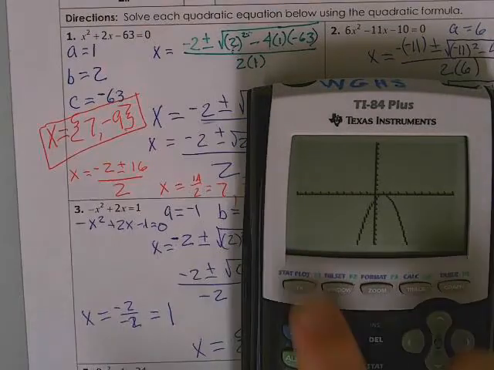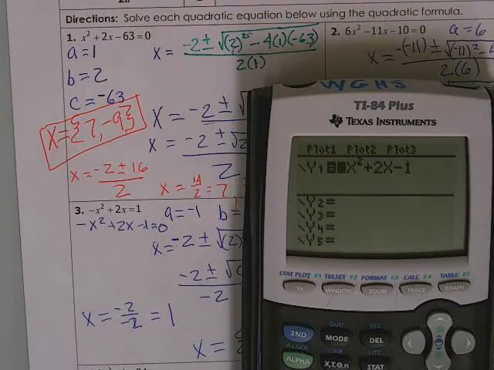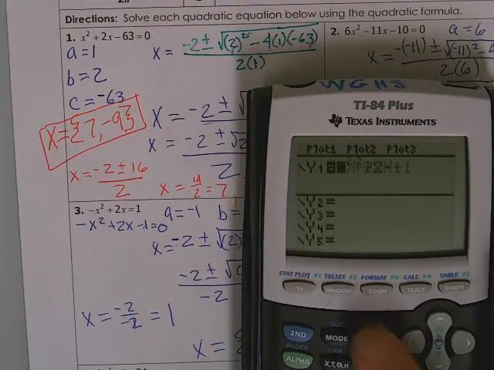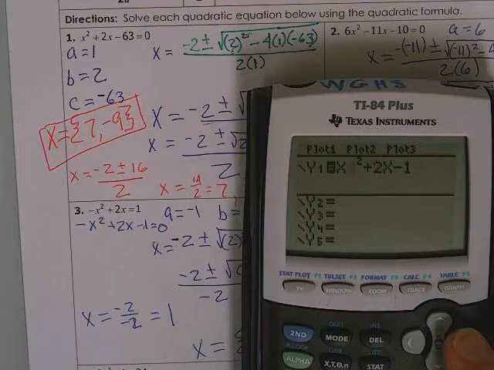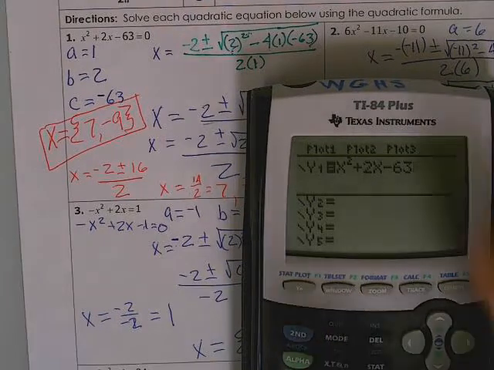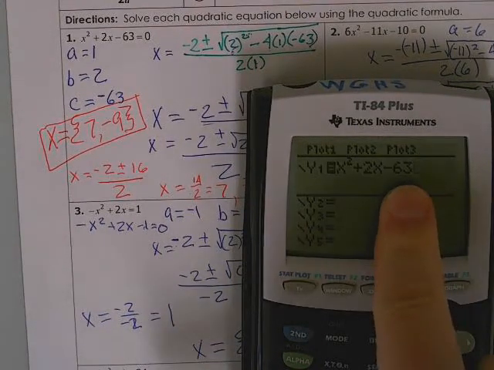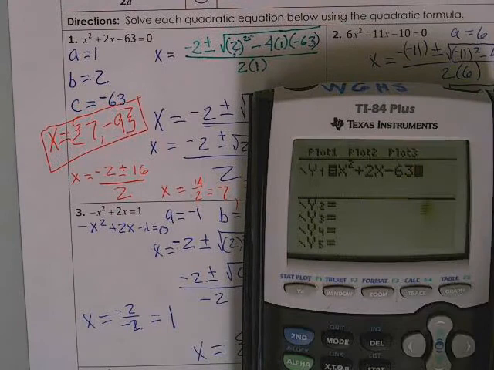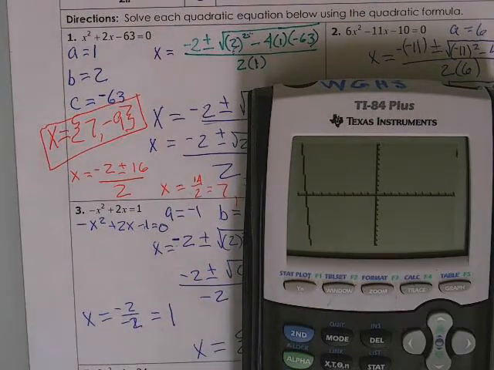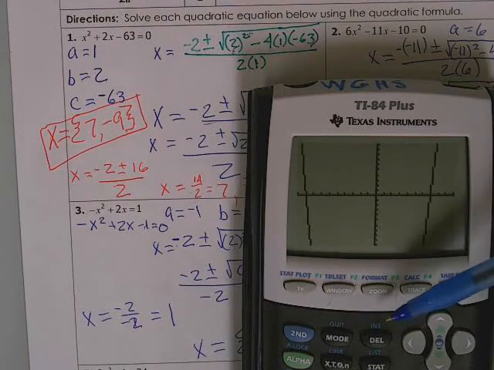Now let's go back and look at a couple of the other equations we had here. Let's look at number 1. Let me graph number 1 for you: x squared plus 2x minus 63. Because it's minus 63, the y-intercept is -63, so the y-intercept is going to be way down on my graph.